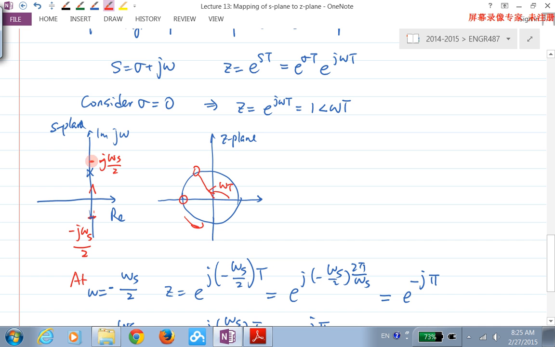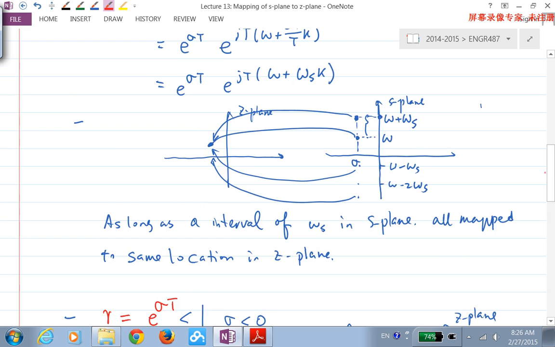Let's say I keep going up to the next j omega s, adding 1 omega s here, so 3 over 2. Remember the first observation: when you add omega s to omega, by interval omega s, there's no change, same mapping.